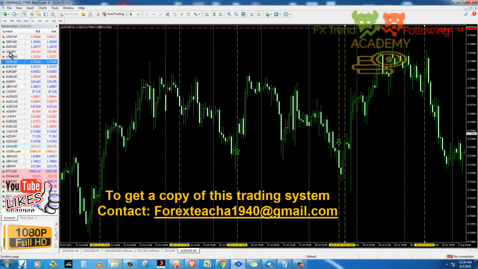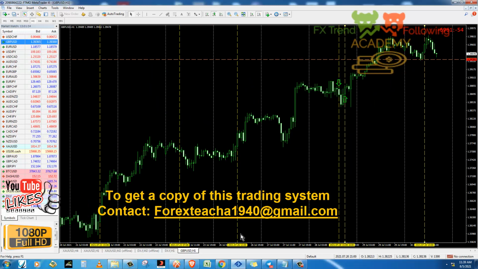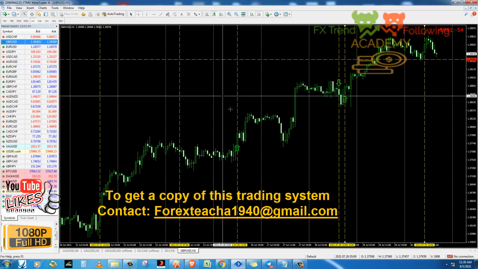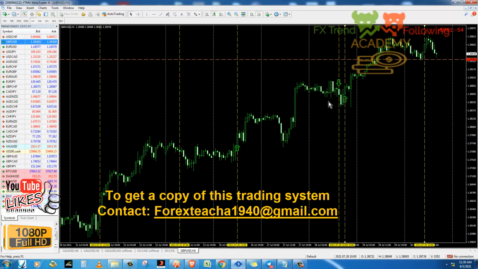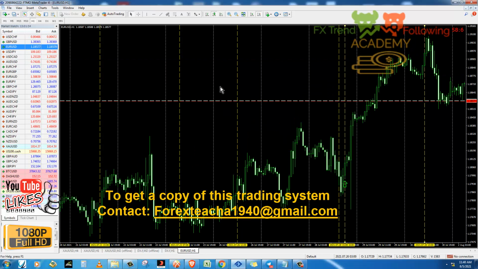We can go to, I don't know if we checked it, GBP USD, at exactly the same time right here. It also went up all these pips, I think about 100 pips again. EUR USD, I don't know if we checked it. Let's just try to. This was also another nice, good trade, 40 pips.